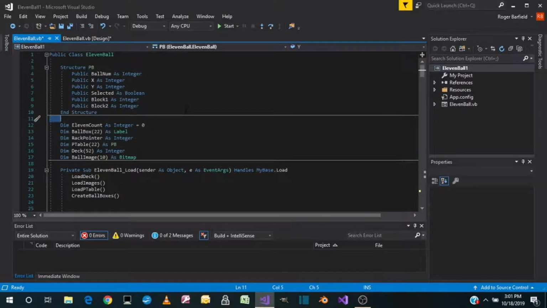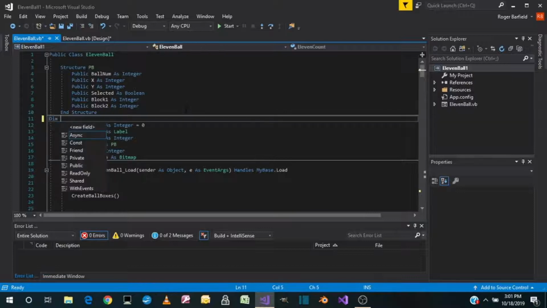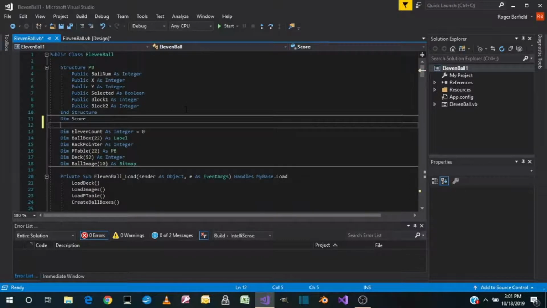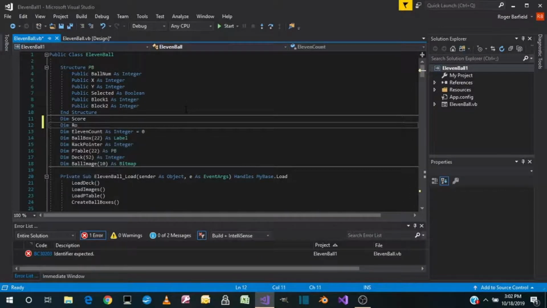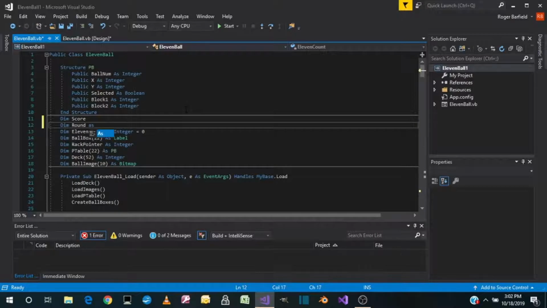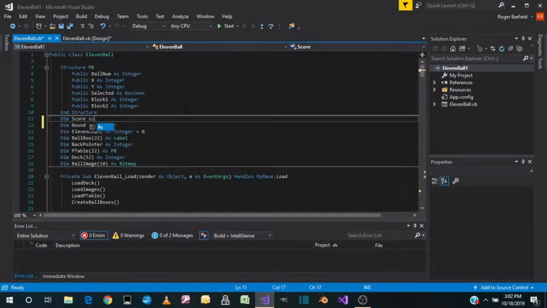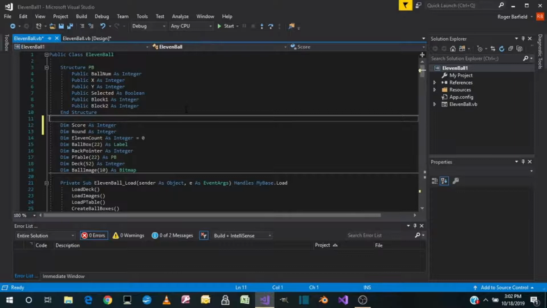We need score, of course, and we need the round number, or we'll just call it round. And I need to go ahead and put as integer up here too. So we need the score, the round.